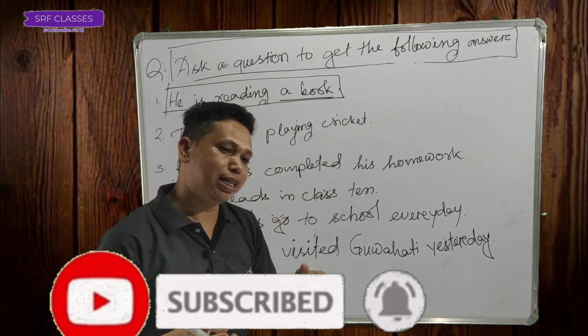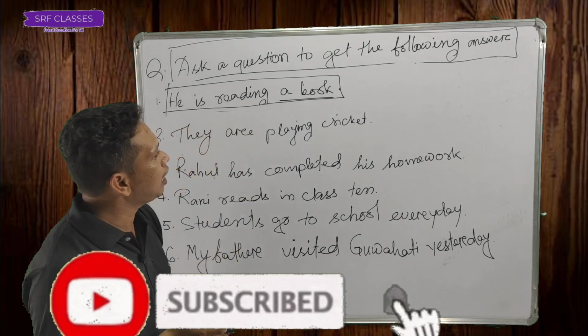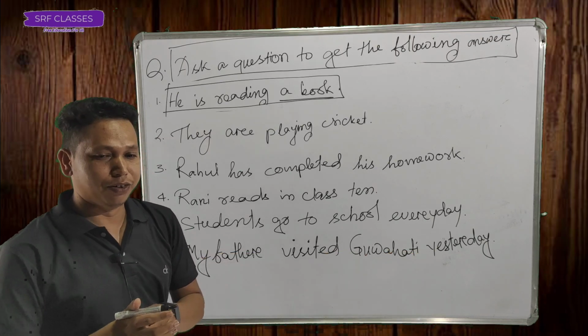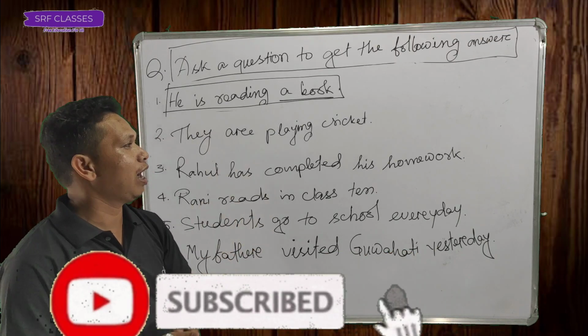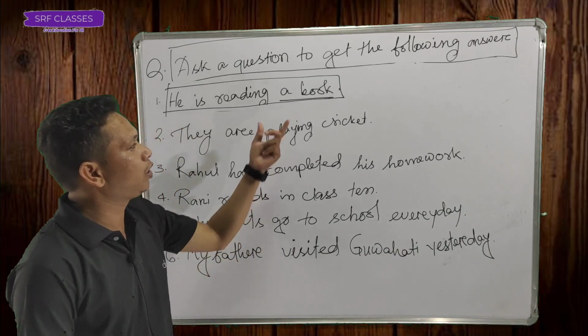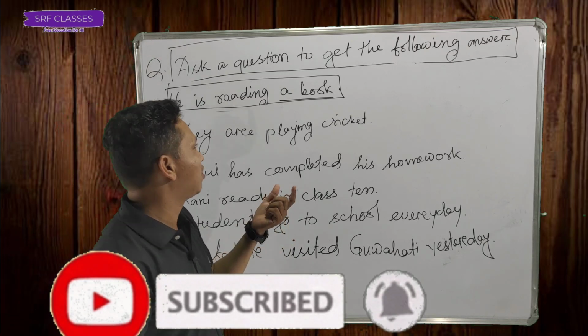So to change a sentence from positive to negative or positive to interrogative, you should know what the special verbs are. So in my last video I gave you all the special verbs. If you didn't see that, you can see that video and come back to this again. The link is in the description, in the comment box.